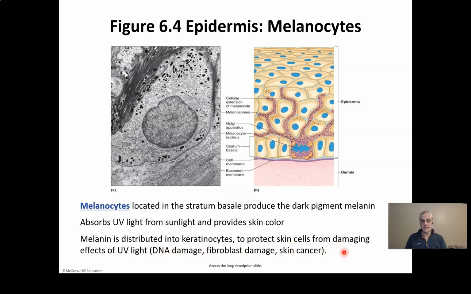The idea there is to protect, especially, the stratum basale, because these are the living mitotic cells. We want to protect those cells from damage to the DNA, which would alter their expression of proteins, and that may lead to either cancers or some sort of tumor growth. The melanocyte is the protection there with its melanin.